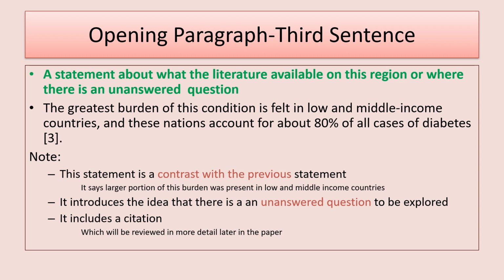Note: this statement is a contrast with the previous statement. It says a larger portion of this burden is present in low and middle income countries. It introduces the idea that there is an unanswered question to be explored. It includes a citation which will be reviewed in more detail later in the paper.